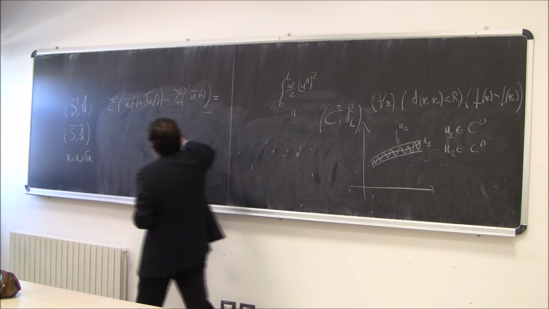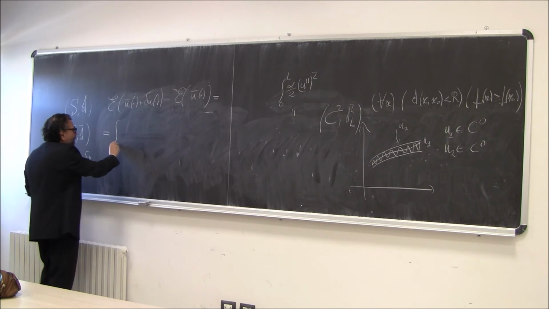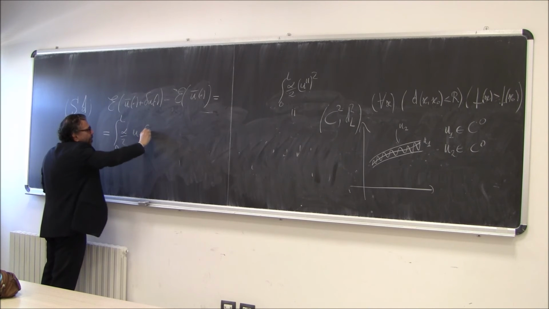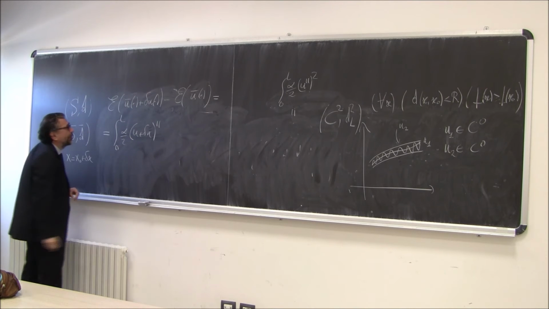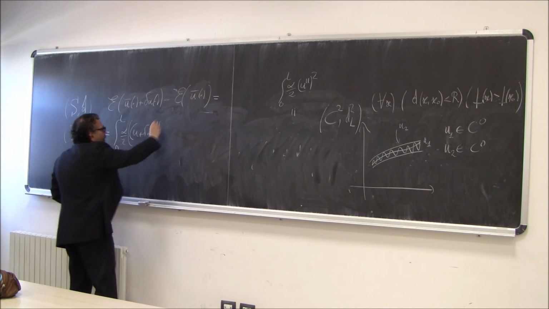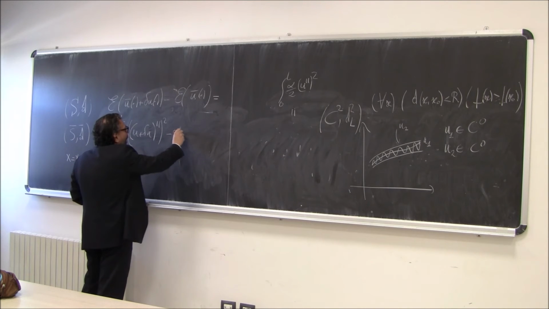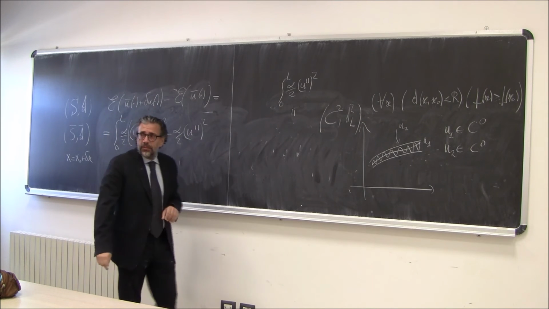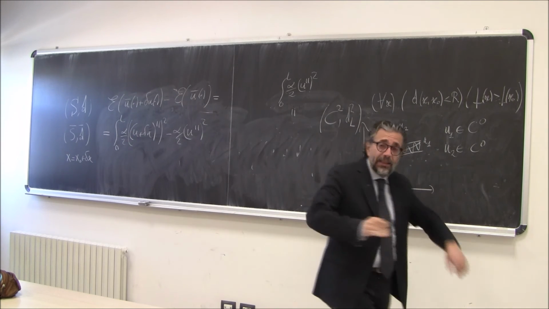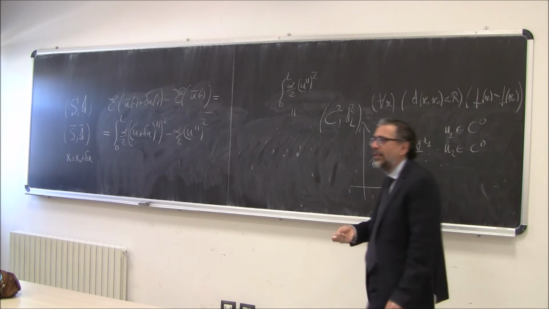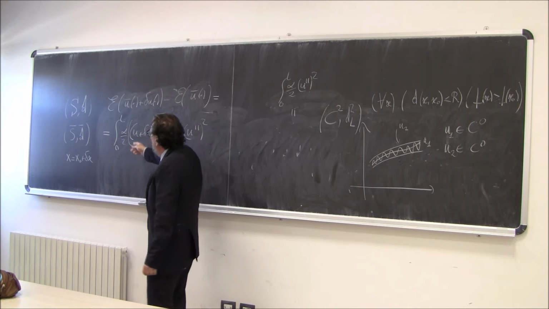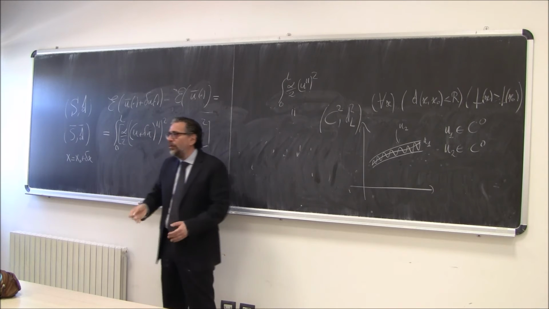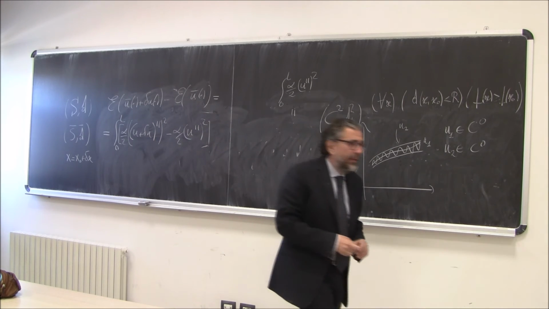So this is equal to the integral between 0 and L of alpha over 2 (u'' + δu'')² minus alpha over 2 u''². Okay, you are not surprised that the integral is a linear operator, so the difference of the integrals is equal to the integral of the difference.